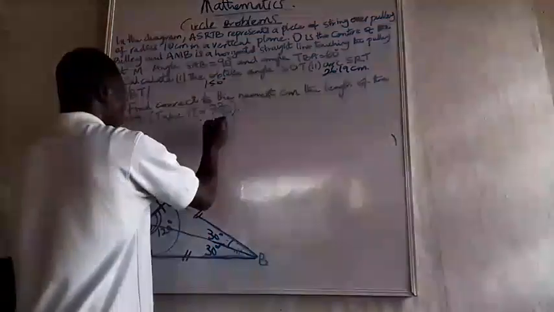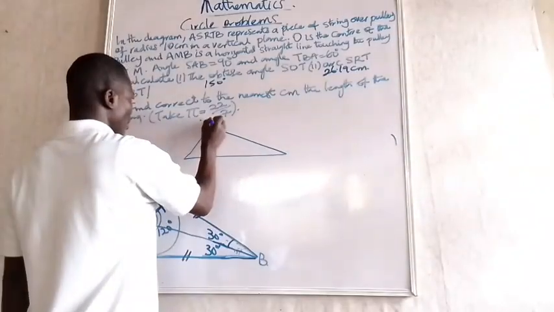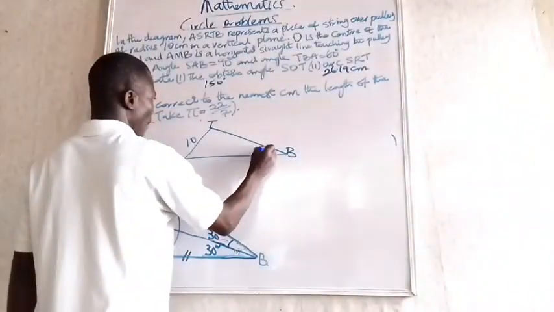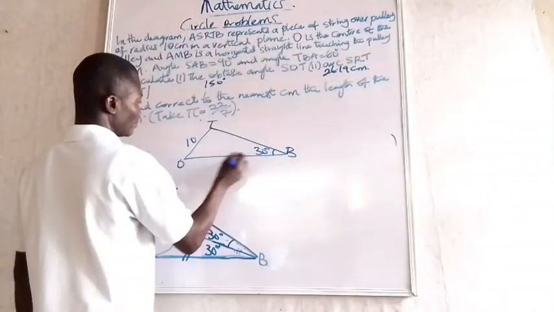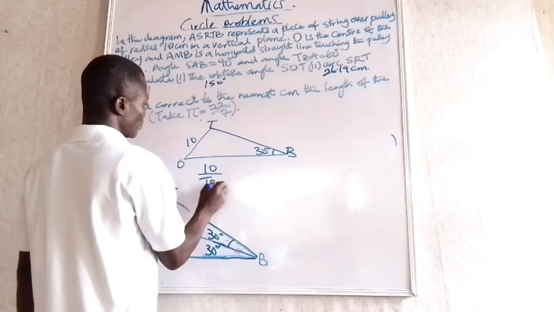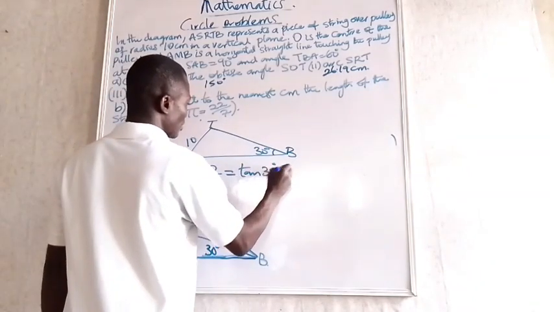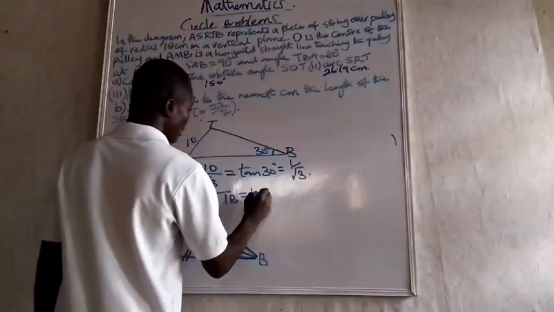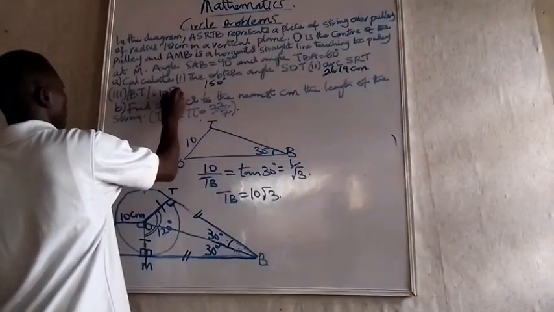So we are going to have a triangle like this. TB, this is 10, this is 30 degrees. So 10 over TB is going to give us tan 30 degrees, which is 1 over root 3. So TB is going to be 10 root 3. So this one is 10 root 3.